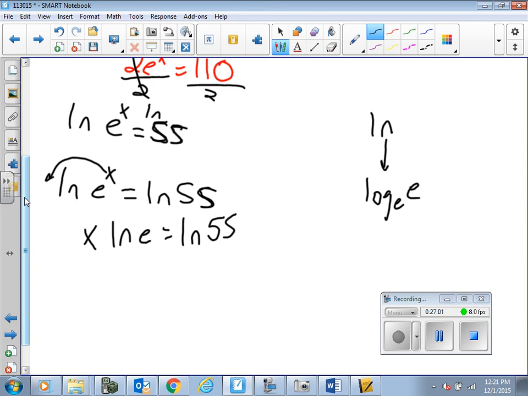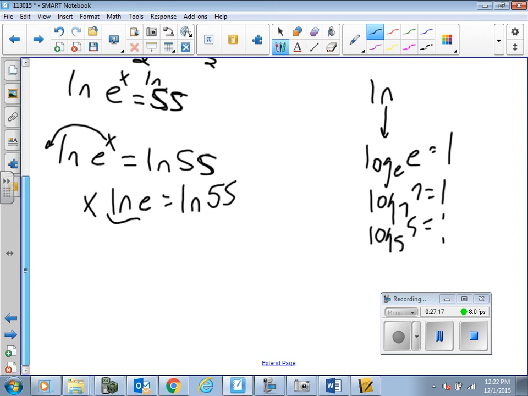anytime you have the same base as what you're logging, what's that always going to give you? Always going to give you 1. Log base 7 of 7 equals 1. Log base 5 of 5 equals 1. Log base e of e equals 1. So this part right here is just equal to 1. So what do we have on this side now?